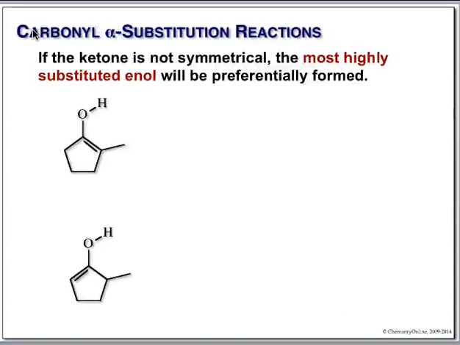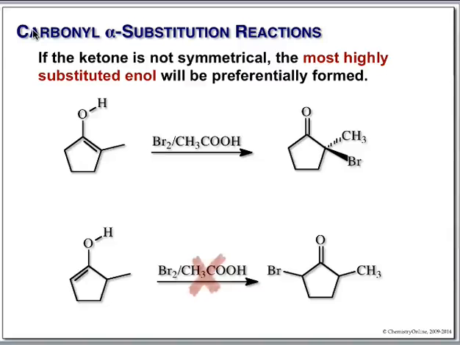Zaitsev simply said that when you do an elimination to form an alkene, you are going to form the most highly substituted alkene. This is more highly substituted than this one. Therefore, this is the preferred pathway. This is the product you get, and this one is not observed. Zaitsev's rule, most highly substituted alkene.